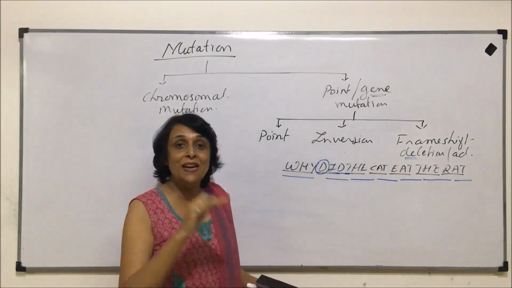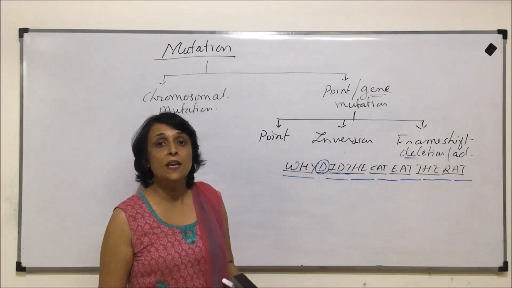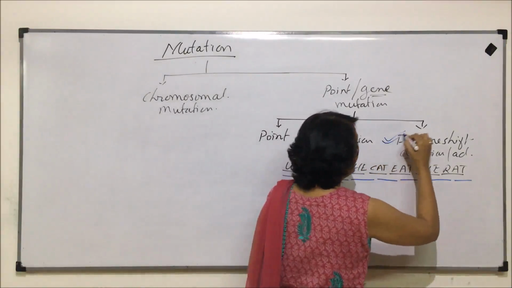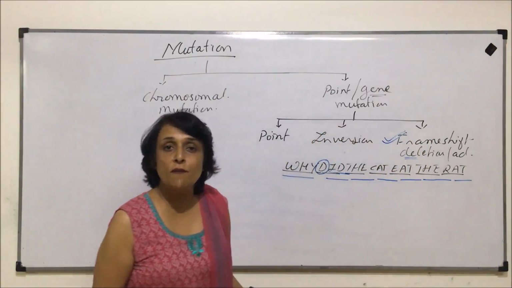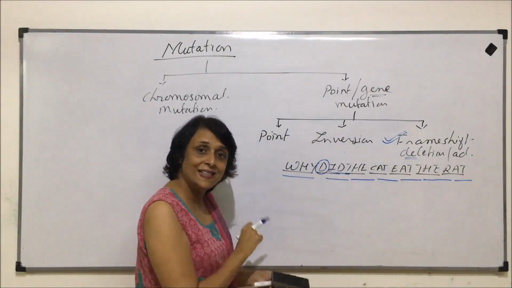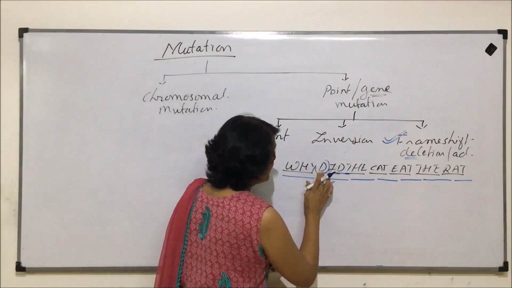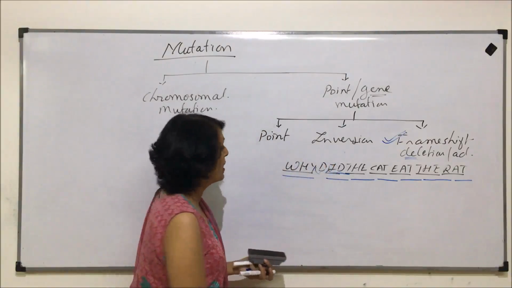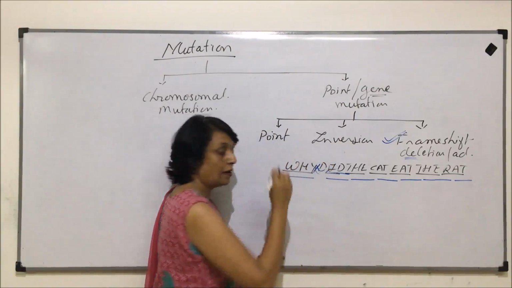The frame to read the next 3 has shifted, and that is why we call it frame shift mutation. This example is when something gets deleted. Now, if something gets added, suppose we write one more word, X here.